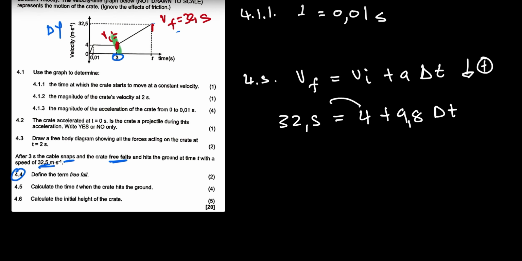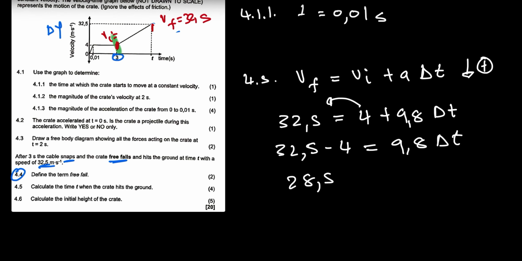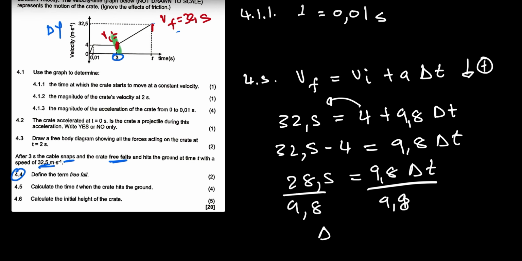If we transpose the 4 to the other side, we are going to have 32.5 minus 4 being equal to 9.8 times the change in time. On the calculator, 32.5 minus 4 gives 28.5, equal to 9.8 change in time. If we divide both sides by 9.8, we get the change in time, which is 28.5 divided by 9.8.